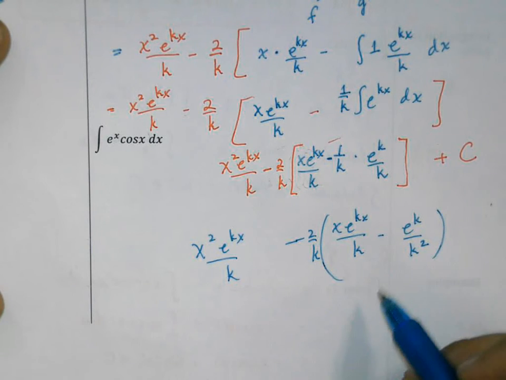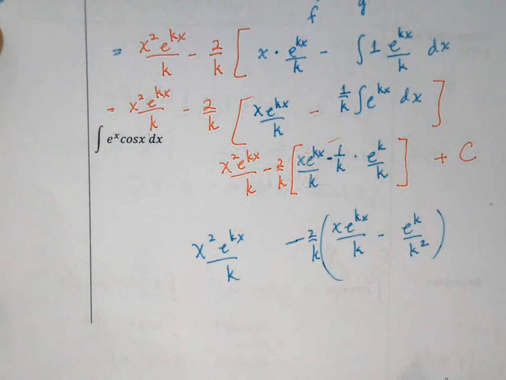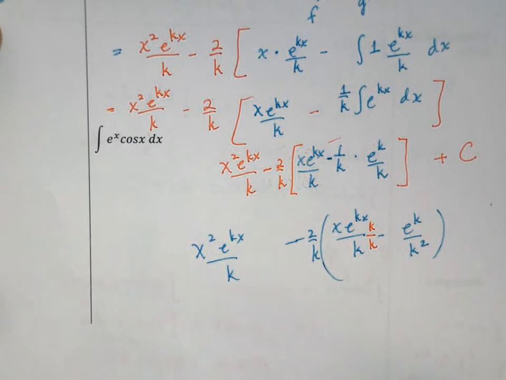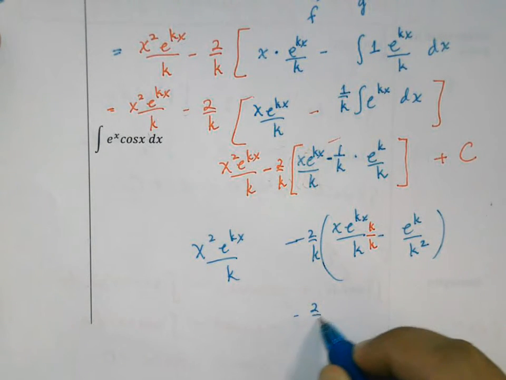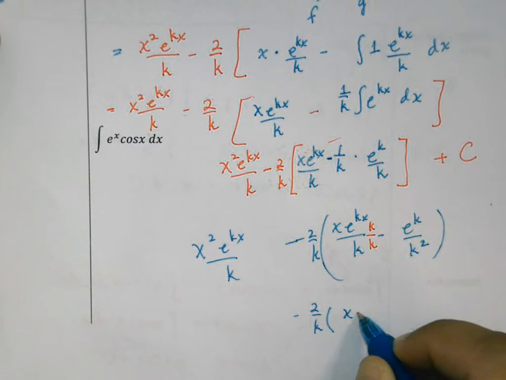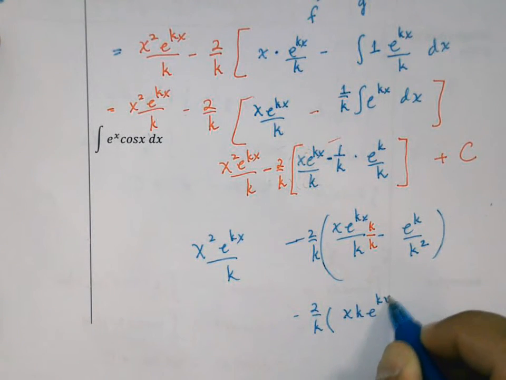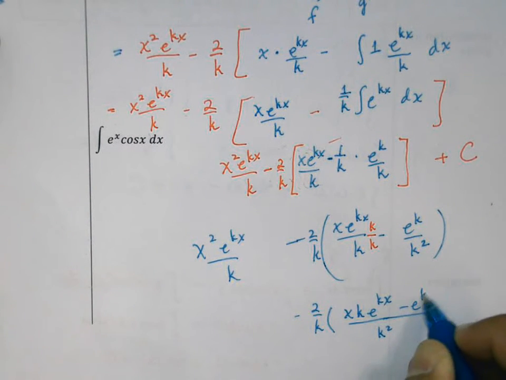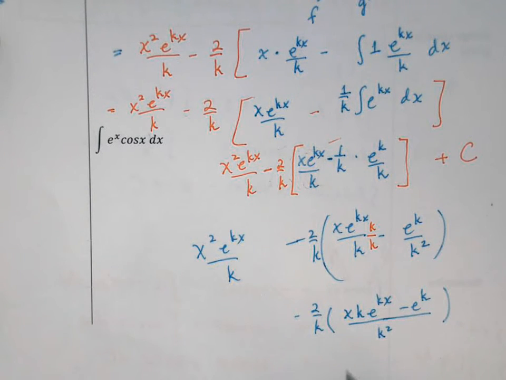In here, I'm going to multiply the top and the bottom by k, so I get negative 2 over k times x k e to the kx minus e to the kx over k squared, which, when I multiply this out, gives me negative 2xk e to the kx minus 2e to the kx over k to the third.